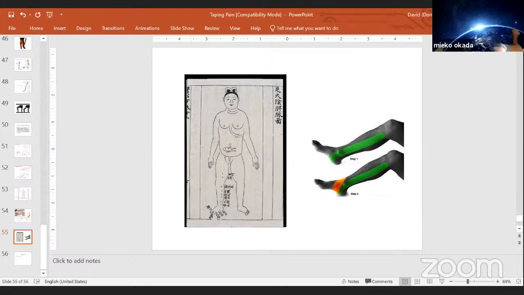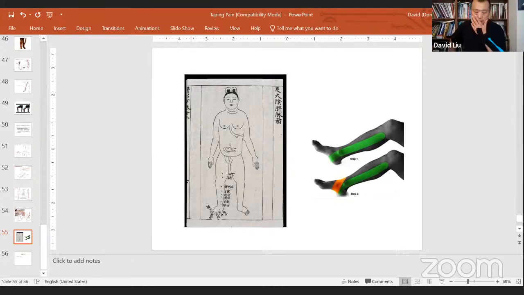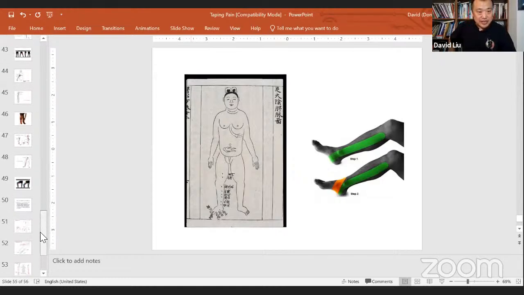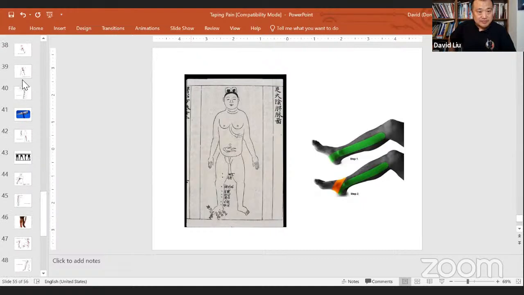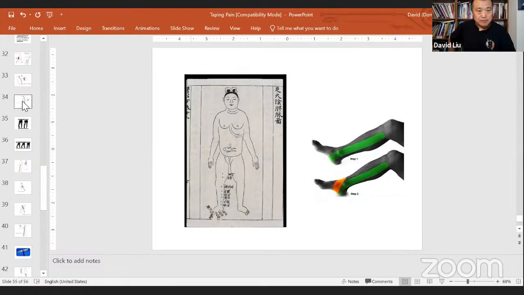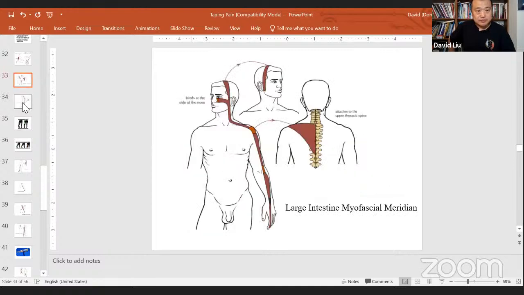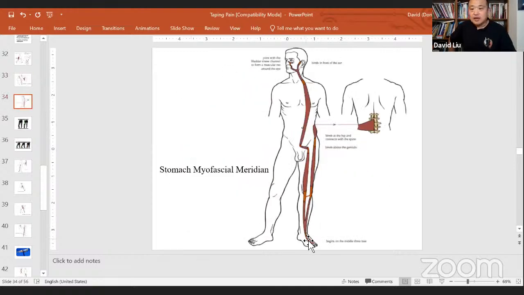How do you tape for a shaky, unstable ankle? Good question. That's a very good question. Let's go to the channel here. When you do the unstable ankle, you have to analyze which side.